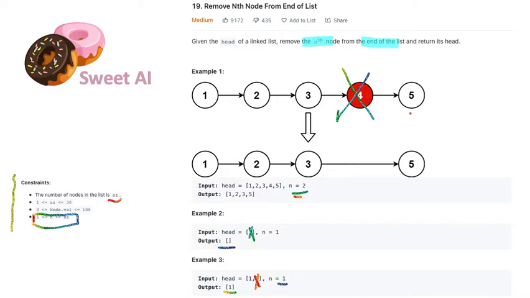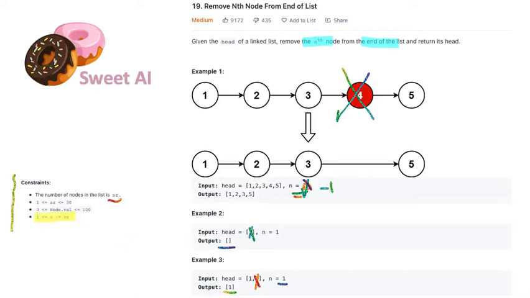So n cannot be bigger than the length of the linked list. If we have 5 nodes here, n cannot be 6. This is not going to happen. It's always equal to 5 or smaller, and it cannot be negative either. This is a very important constraint that we should have in mind, and it's going to help us to solve this problem efficiently.